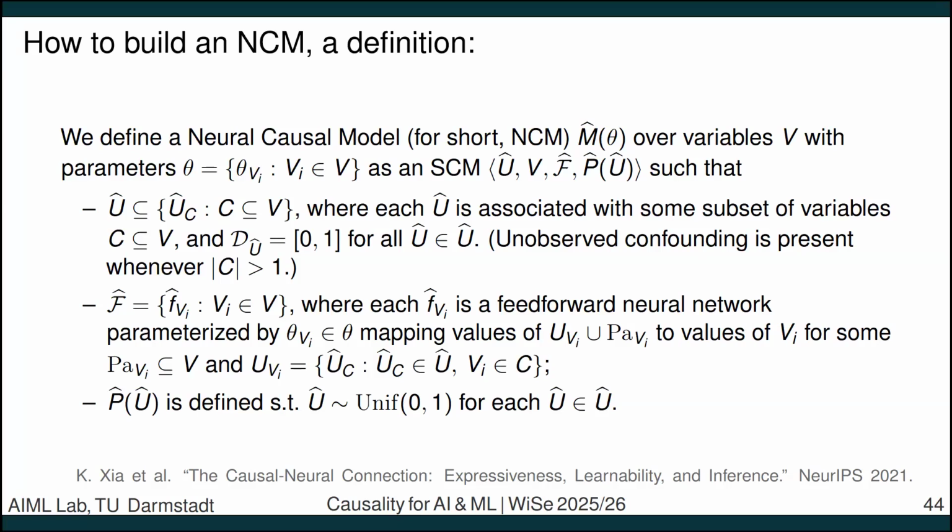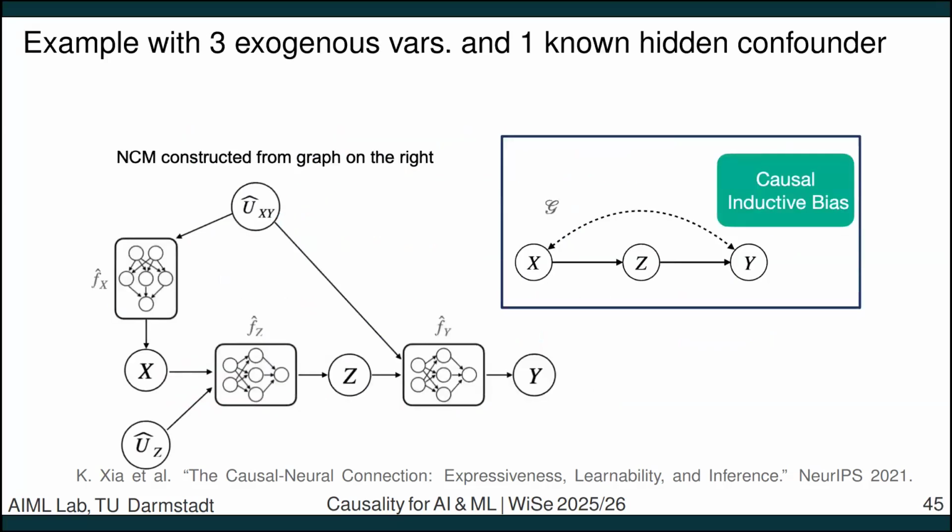So we have some noise, we have some set of observed variables, and the structure of our graph is known already. And the question here is again about identifiability.